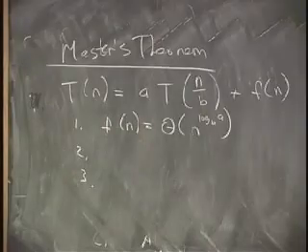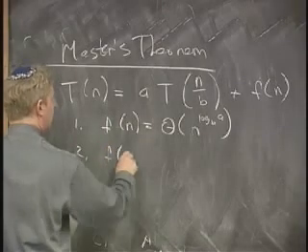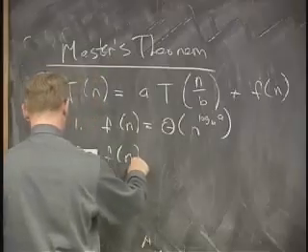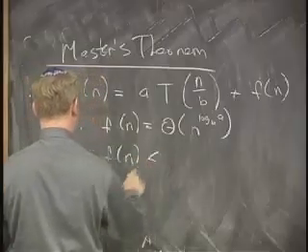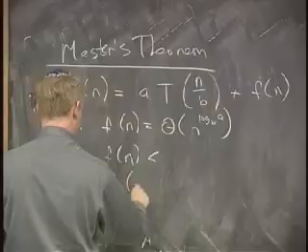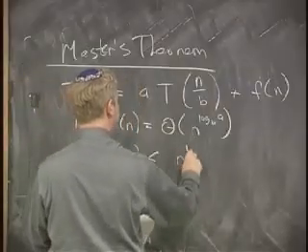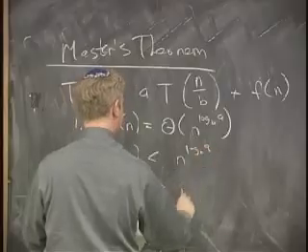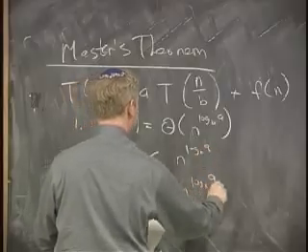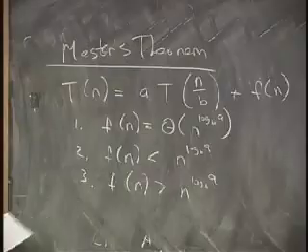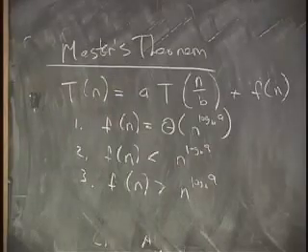We'll do an example in a second. Let me just write down the other cases. By bigger and smaller here, I mean asymptotically bigger and smaller. Three cases. Either they're the same asymptotically, or one's smaller or one's bigger.